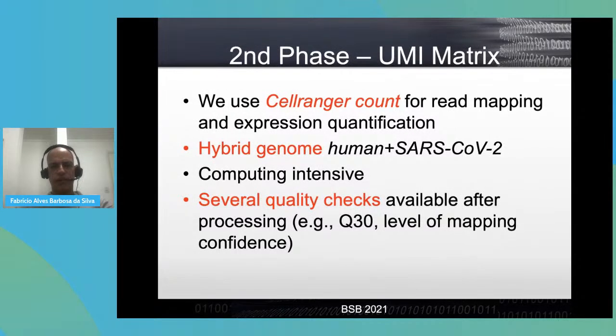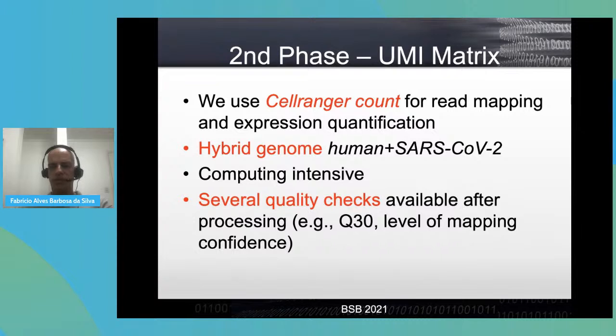For the second phase, the UMI matrix generation phase, we use the Cell Ranger count for read mapping and expression quantification. We also use a hybrid genome for read mapping. That's a genome that's human plus SARS-CoV-2. It's a very computing intensive phase.